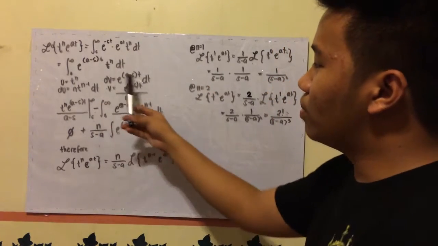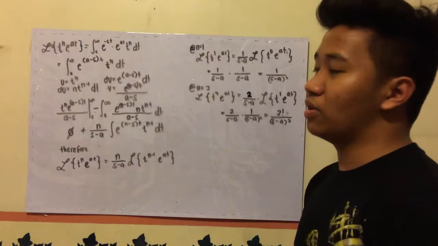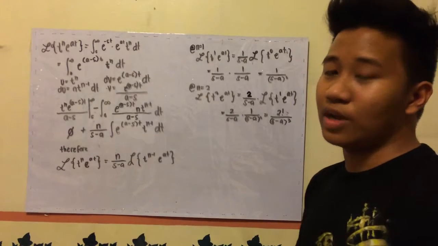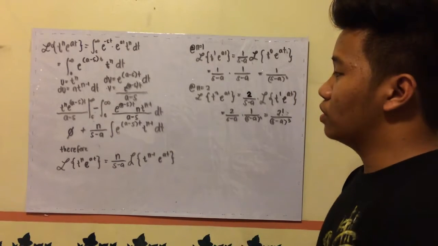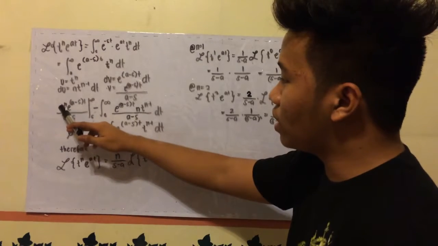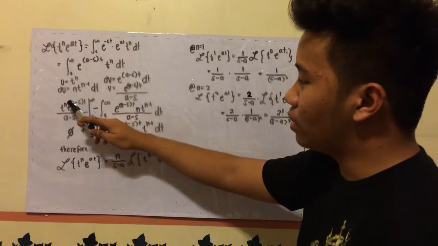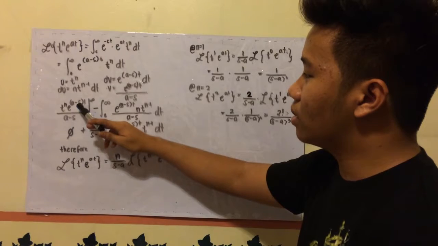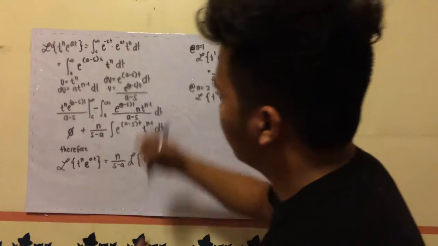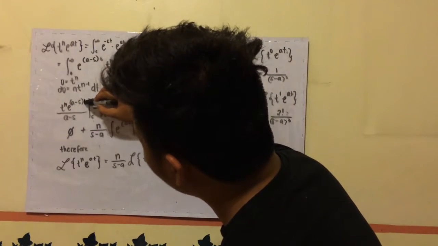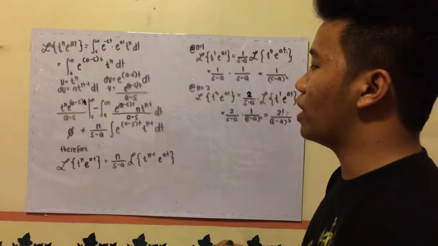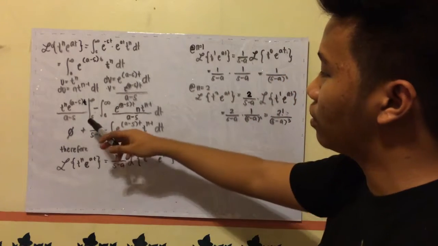So by plugging these variables in the equation of integration by parts, which is uv minus the integral of v du, is equal to t raised to n multiplied by e raised to (a minus s) multiplied by t over a minus s approaching from 0 to infinity.